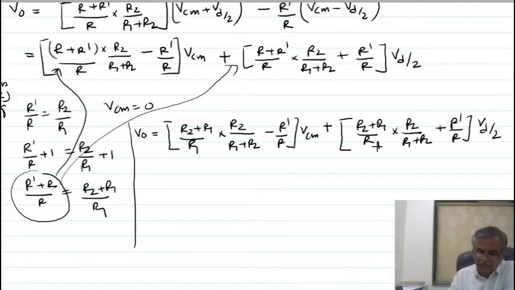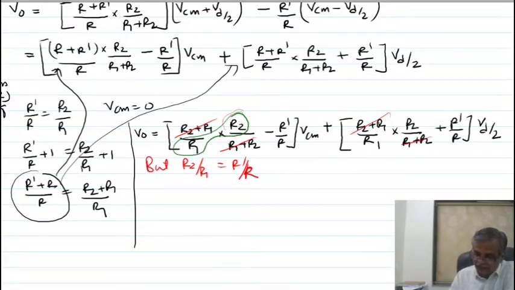So now what will happen? Now you can see, yes, this is cancelled, this is cancelled. Now what is left? R2 by R1, but R2 by R1 is R dash by R. So I am using this.